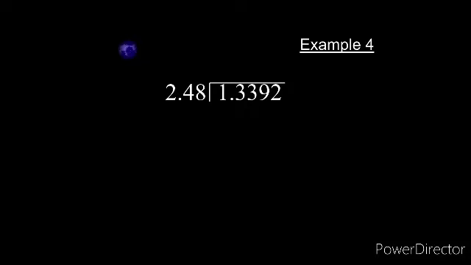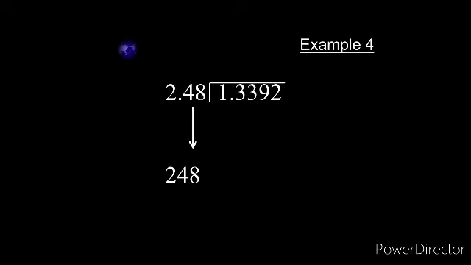Just like the first rule, we move the dot in our divisor twice because there are 2 digits after the dot in our divisor. So instead of 2.48, it becomes 248.